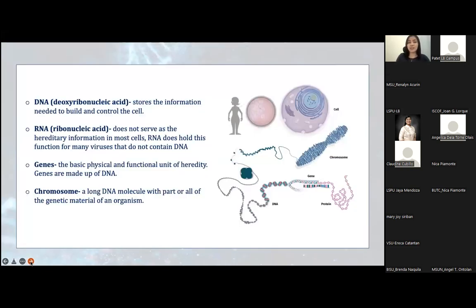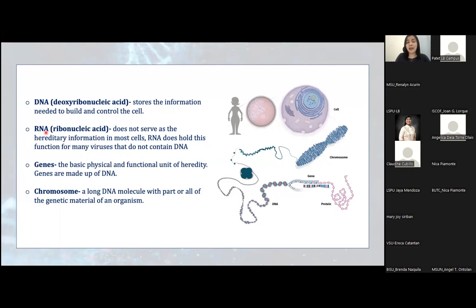So the explanation here, merong sumagot ng genes. However, yung question doon kanina is what stores the information? So it is DNA. DNA, deoxyribonucleic acid, it stores the information needed to build and control the cell.